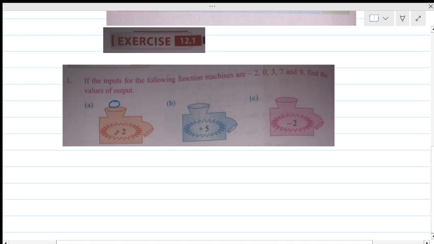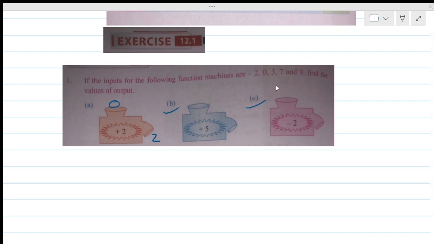So 2 will be added, so 2 plus 0 will become 2. Same like you can go for other values also, 3, 7, 9, you can keep them in the machine. The process is +2, then you get the output. Same like you can do for B and C.